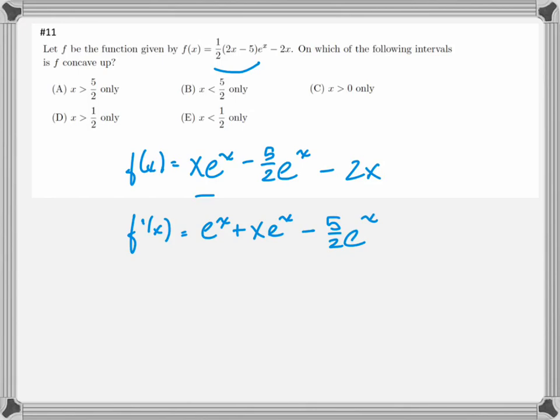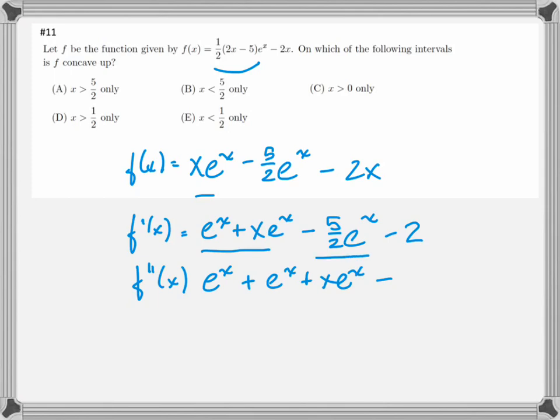So that's your normal, nothing else, no baby on there, minus 2. So then the second derivative would be e to the x plus this again, right? E to the x plus x e to the x minus this again, which would be the same thing, 5/2 e to the x.